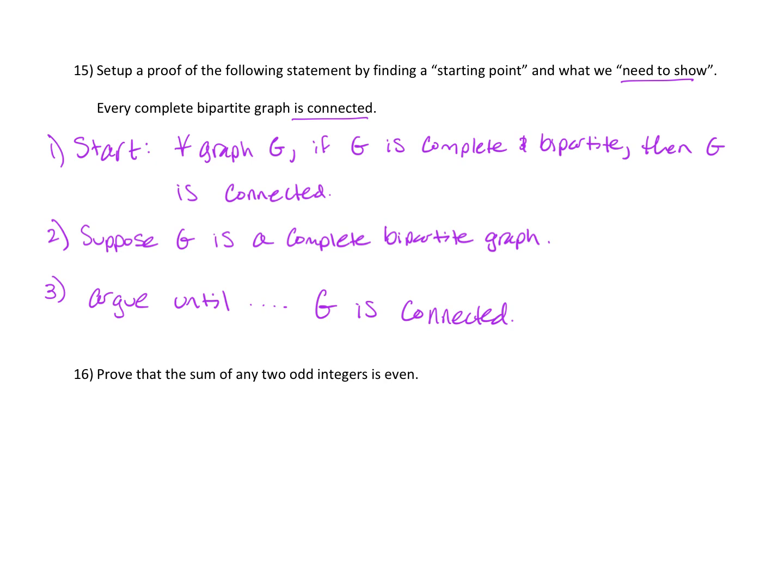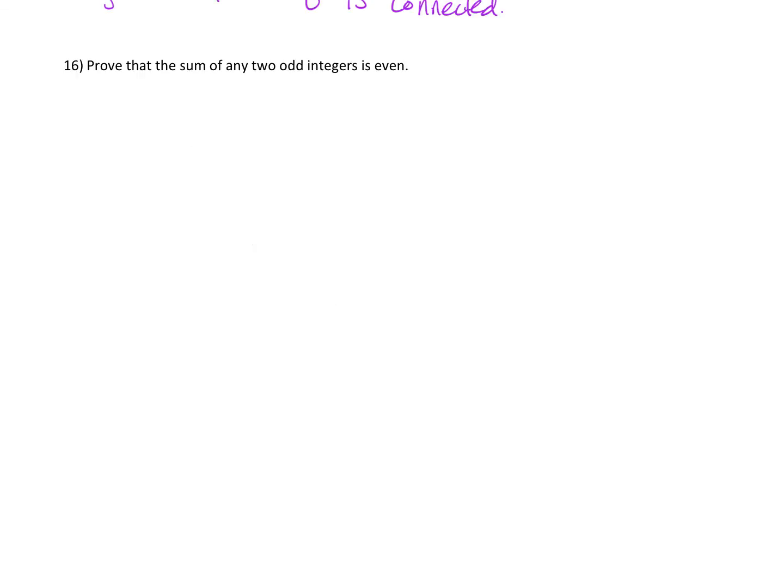Okay, so let's go through this whole process again, actually writing the proof this time. Prove that the sum of any two odd integers is even. So step one is write it in more formal language.